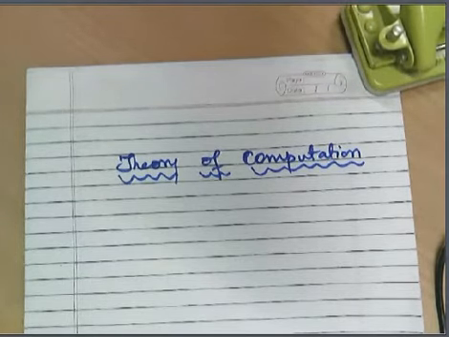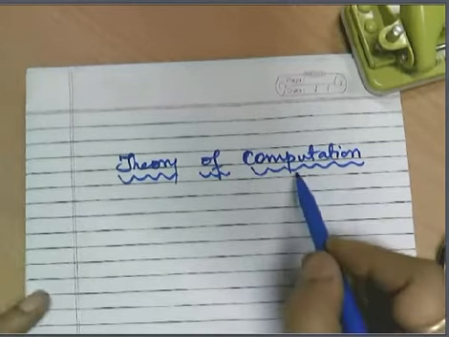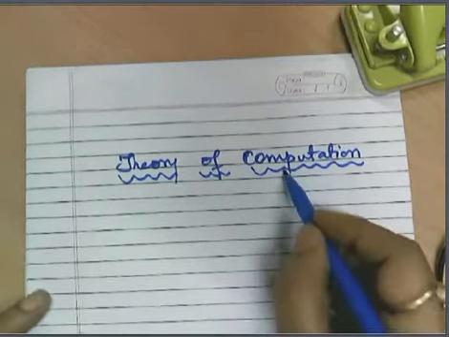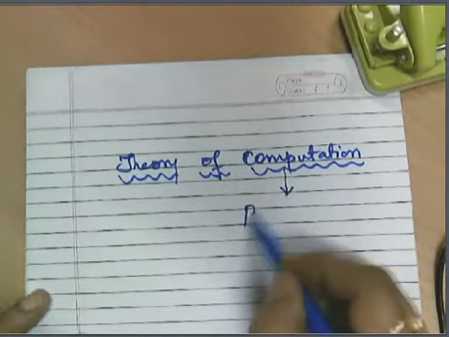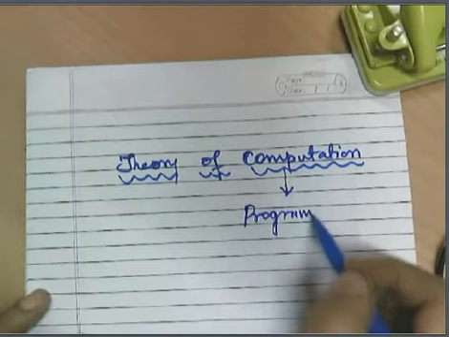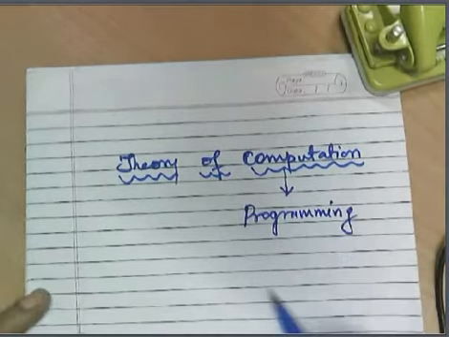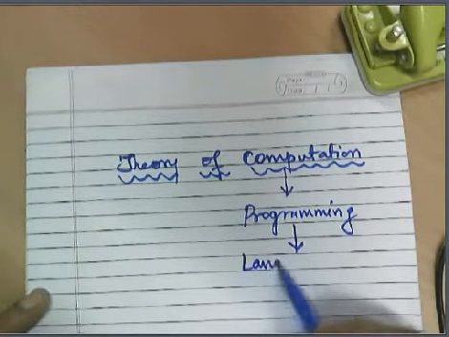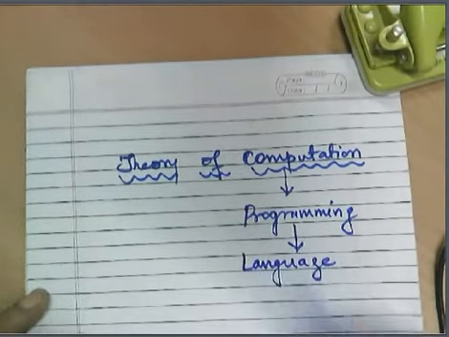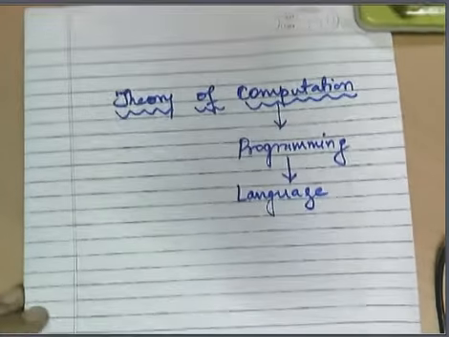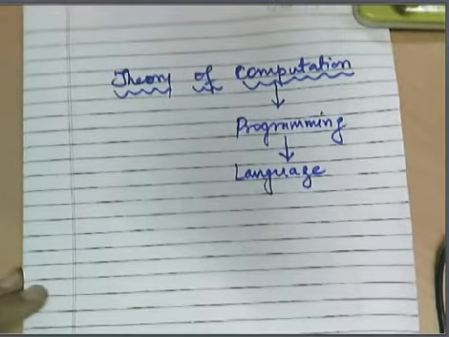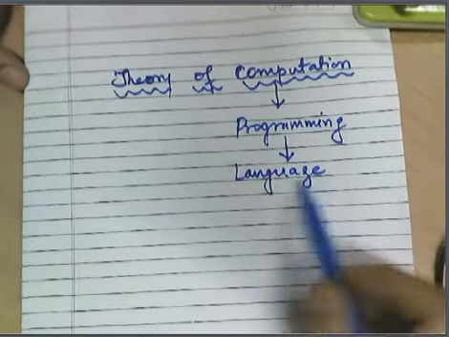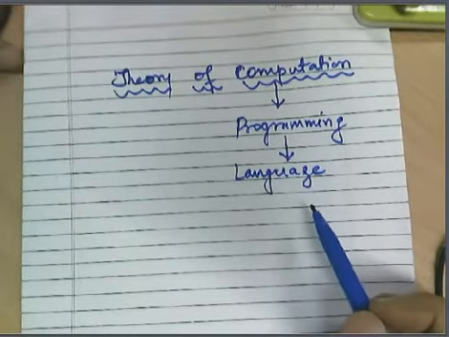Now when I relate this computation with programming, I can say that if I want to do programming, I want to use some language. Are you getting it? If you want to do programming in computer engineering or with computers, you need a language.